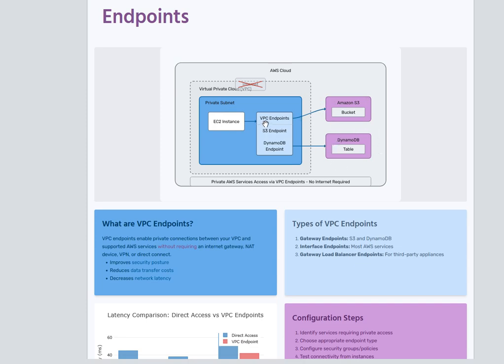As an example, we're creating a VPC endpoint here: an S3 endpoint to connect to the bucket, or a DynamoDB endpoint to connect to a DynamoDB table. So this is private AWS service access via VPC endpoint, with no internet required. It's connecting two services inside the AWS cloud.